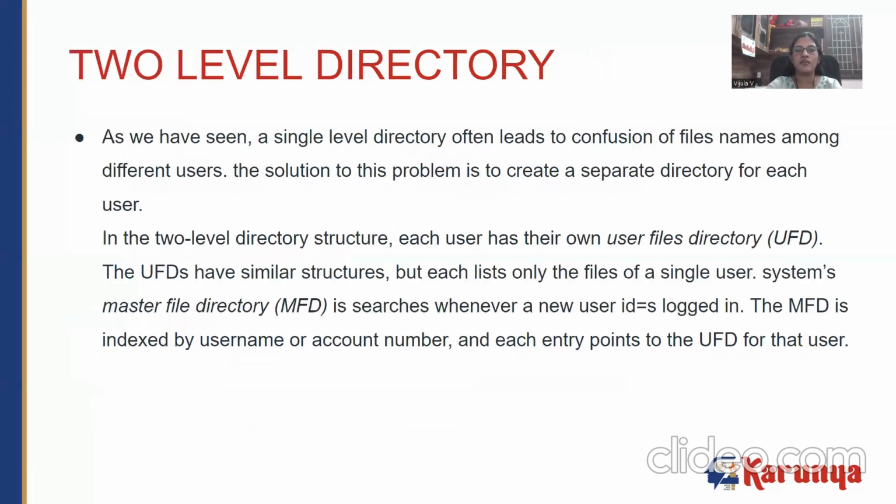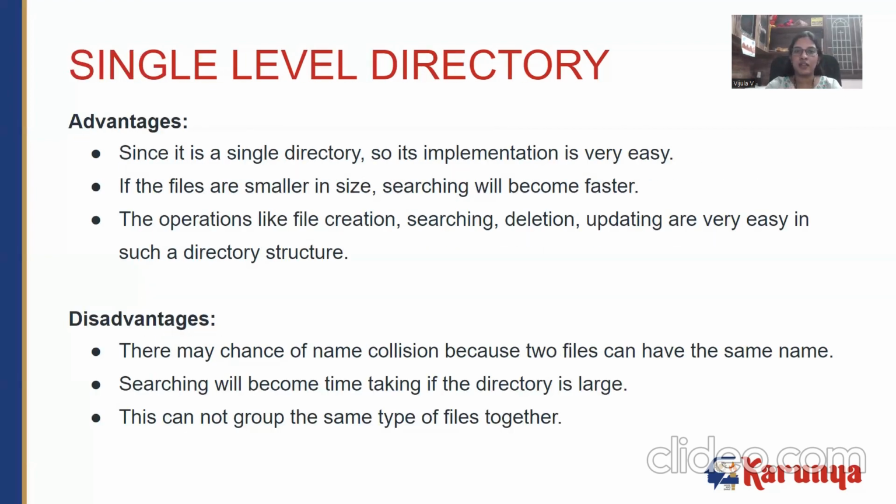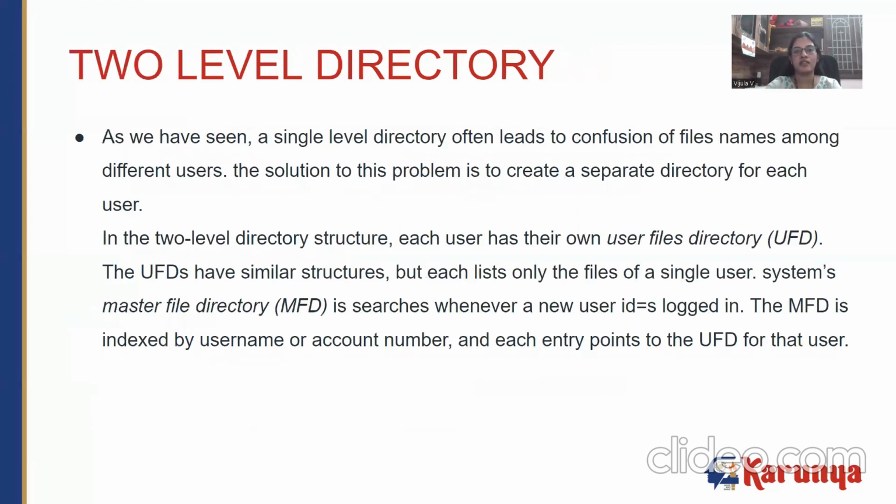So as of now, we've seen what a single level directory is, its structure, how it works, its limitations, and advantages and disadvantages. With this, we'll be moving on to the second level, the two level directory.